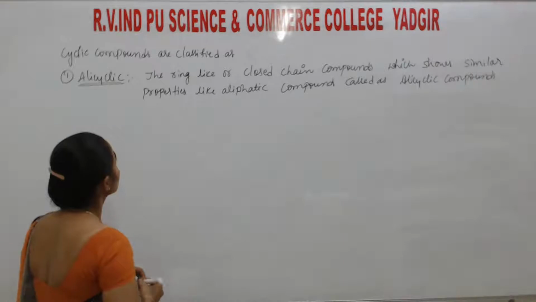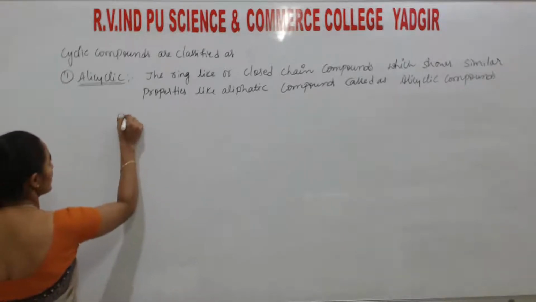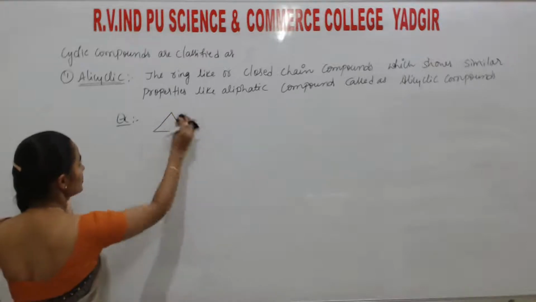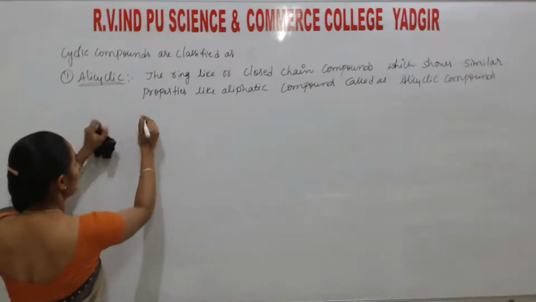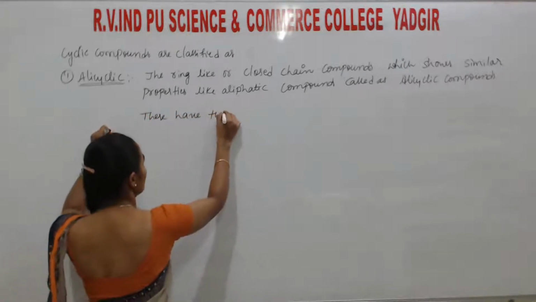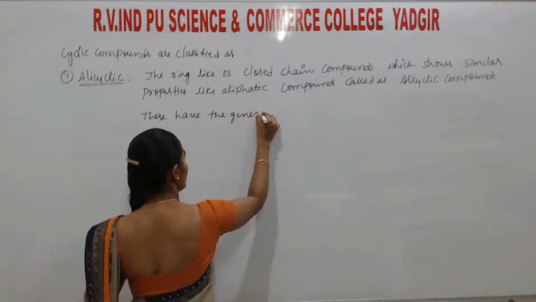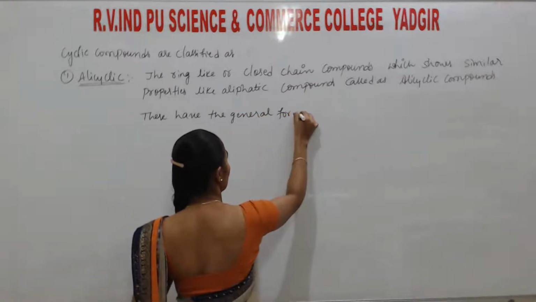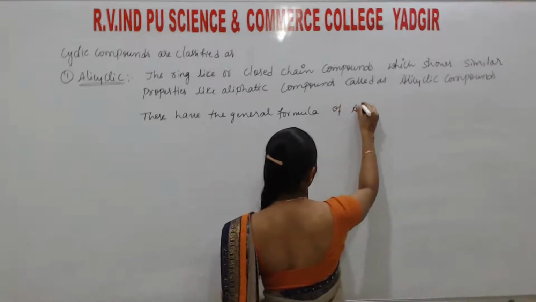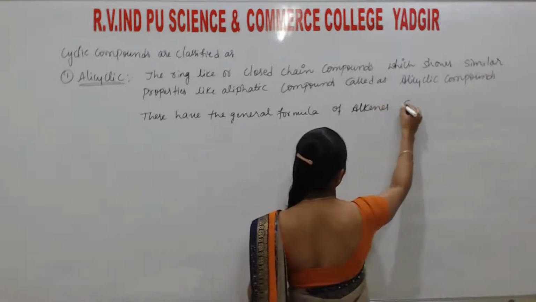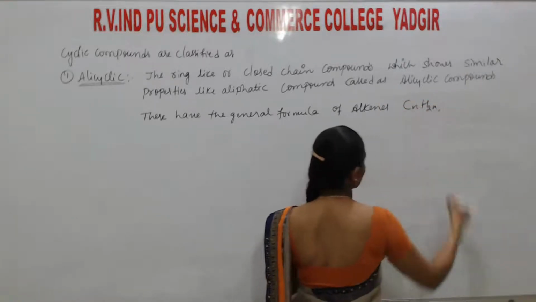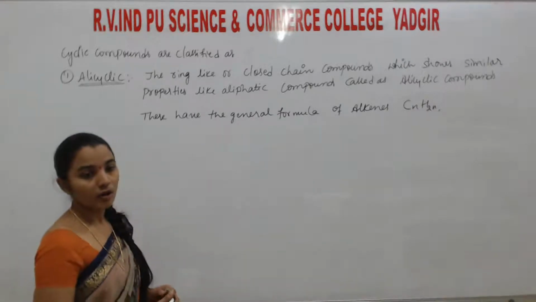Okay. So listen students, example for this type is cyclopropane. Initially I'll write, before giving the example, these have the general formula CnH2n, the general formula of cycloalkanes.